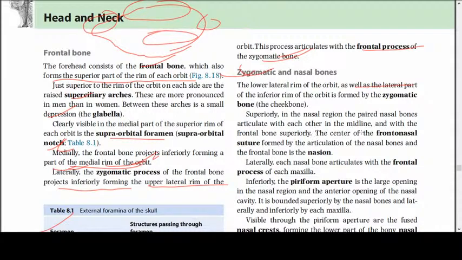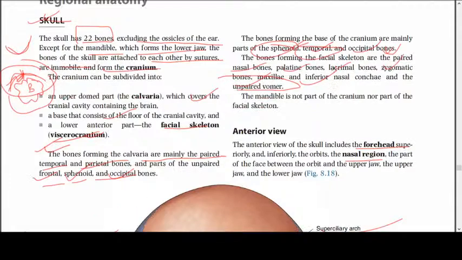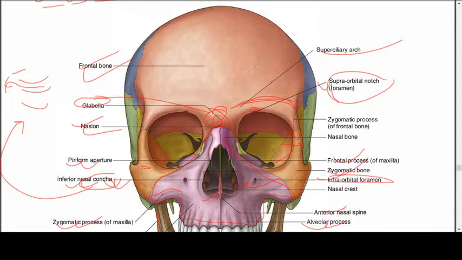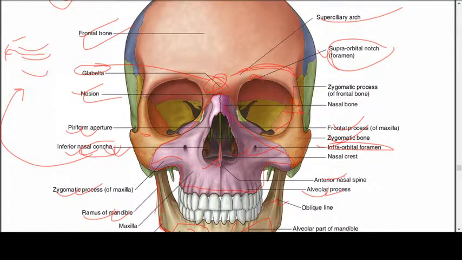How many bones are there in the skull? There are altogether 22 bones. How? Six bones are the ear ossicles.